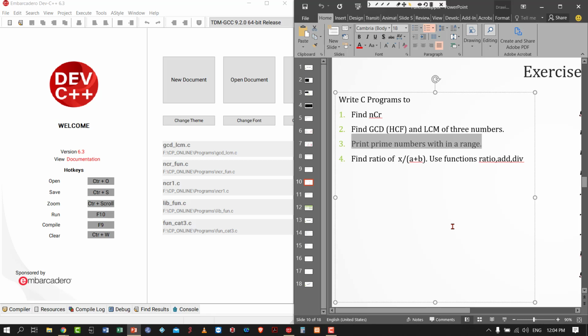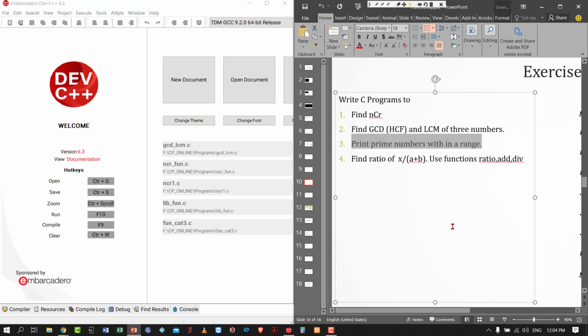Within that limit, including the lower and upper limit, if the numbers are prime, it will display those numbers.